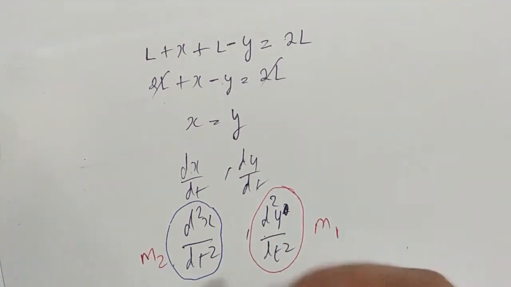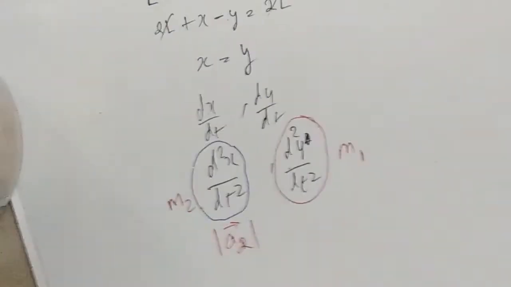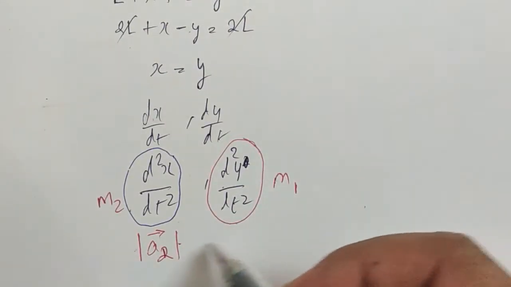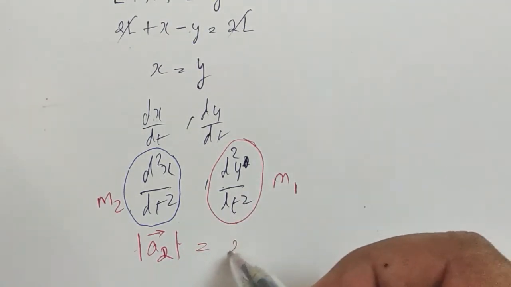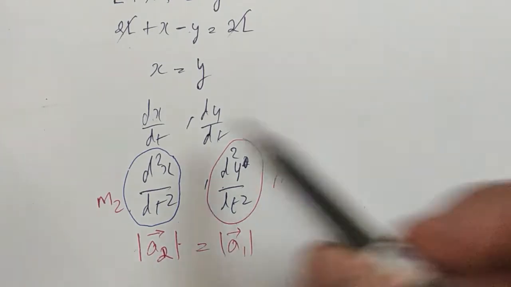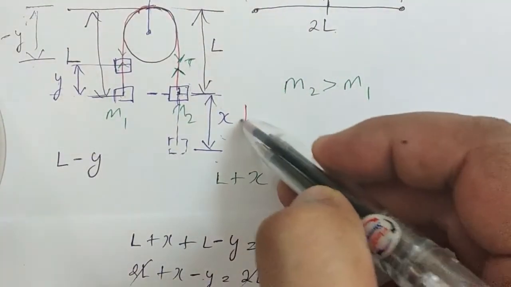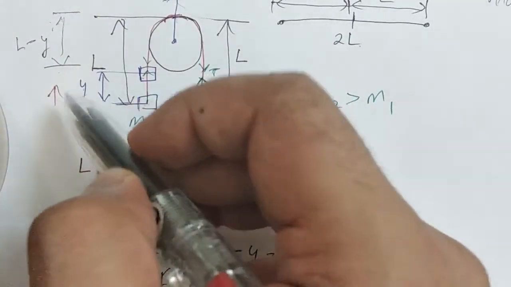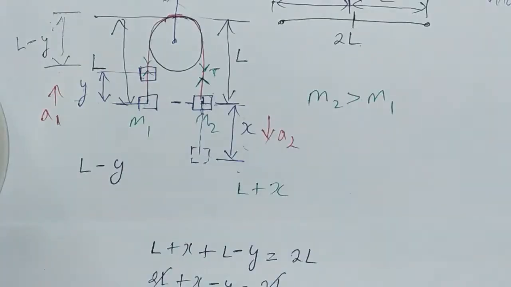Both are equal in magnitude. If this is considered a1 vector and a2 vector, then the magnitude of a2 is equal to the magnitude of a1. Both are equal in magnitude but different in direction. This block is moving in the downward direction, that is a2, and this block is getting accelerated in the upward direction, that is a1.